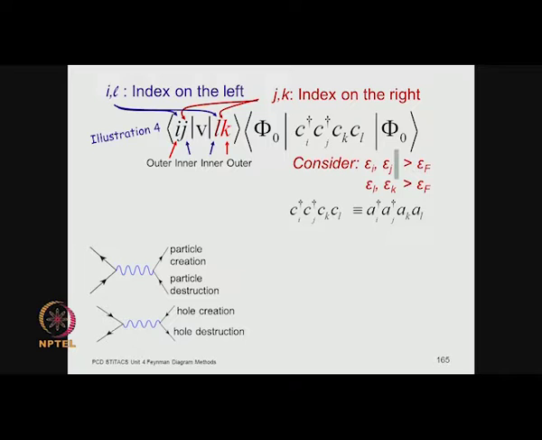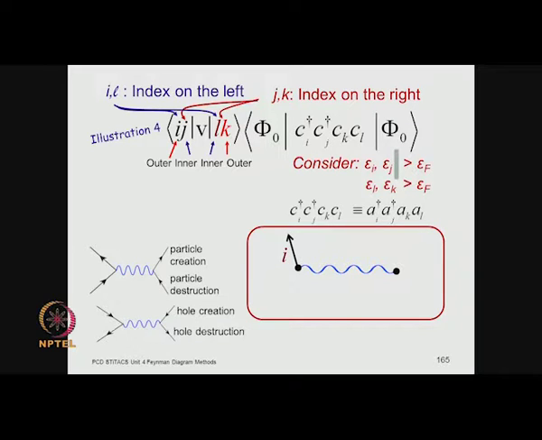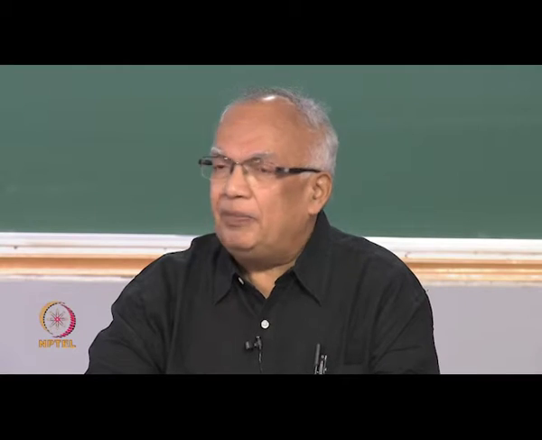So, these operate above the Fermi level, and then you identify the vertices, identify what is on the left and what is on the right, and then essentially you have 4 arrows flying up and you have a particle creation and another particle creation and again a particle destruction and again a particle destruction. So, that is the kind of diagram that you generate from these terms, right.